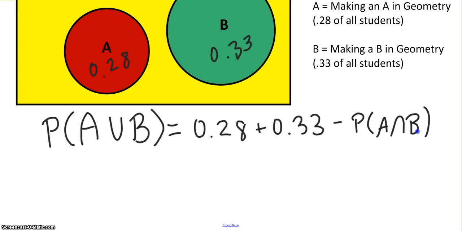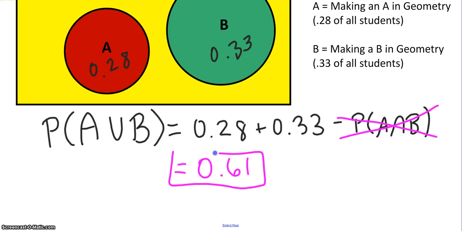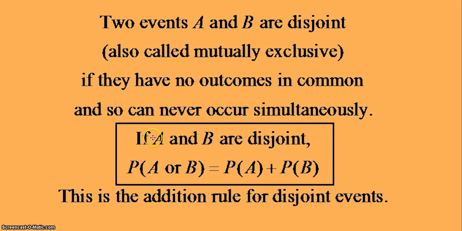So what you see here is actually 0. So we add 0.28 and 0.33, and I get 0.61. That's the probability of making either an A or B in geometry. So you can see that when the 2 events are disjointed or mutually exclusive, the formula just leaves off the subtraction of the probability of A intersection B.